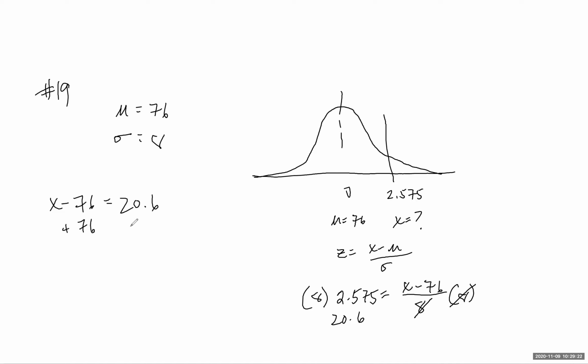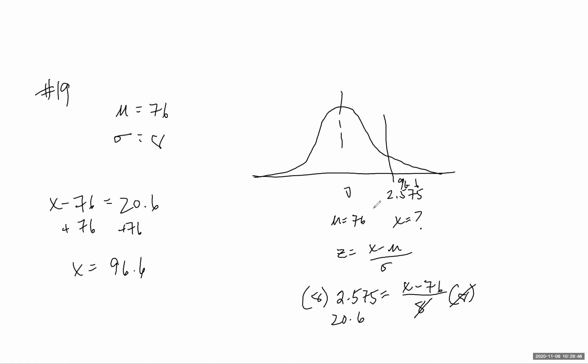Add 76 to both sides. X equals 96.6. So that is the test score that corresponds with 2.575 standard deviations above the mean. So this X value right here would be 96.6.